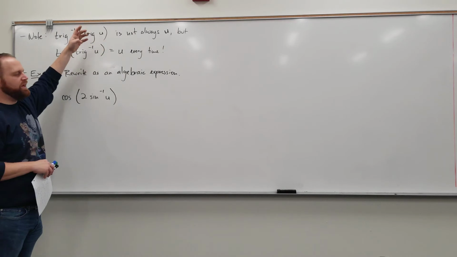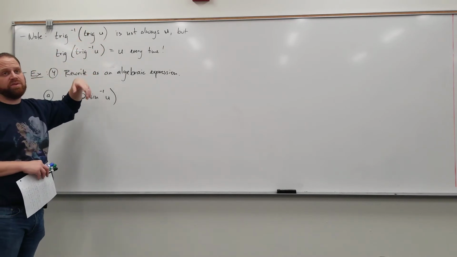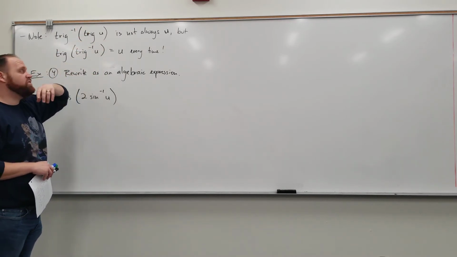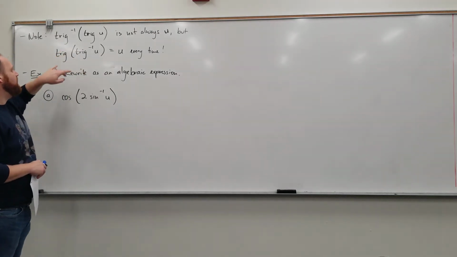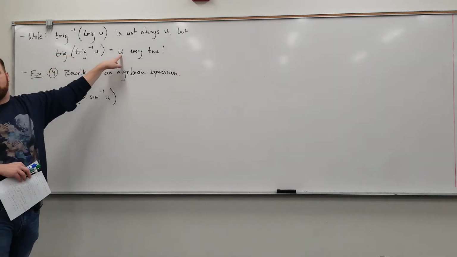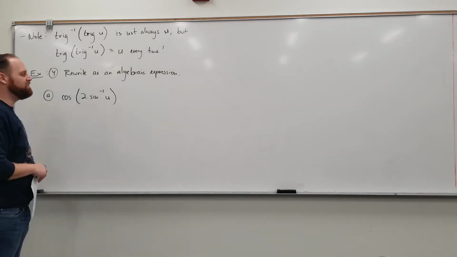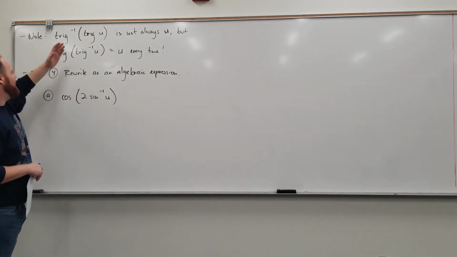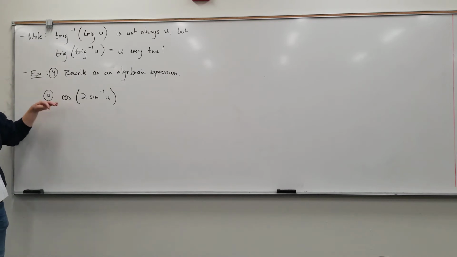That doesn't always happen, and we saw some examples earlier that demonstrated this fact. However, trig of trig inverse of u is always equal to u, right? Every single time that's the case. The reason I'm writing that out now is because it comes in handy for this particular example.